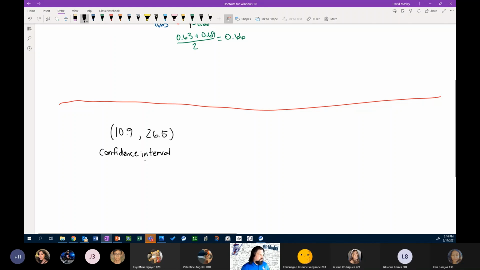And this is a 95%. So we're 95% sure that between these two values, somewhere in there, is the actual difference between the population means. So the claim is that there is an actual difference. That if we subtract the mean number of pairs of shoes for girls from the mean number of pairs of shoes for boys, we get a positive number. So that's what the claim is.